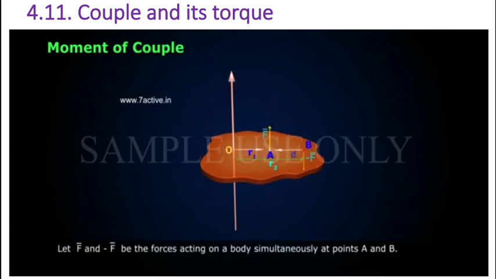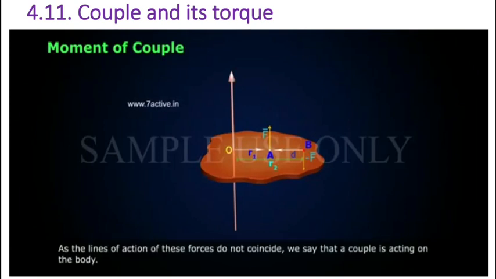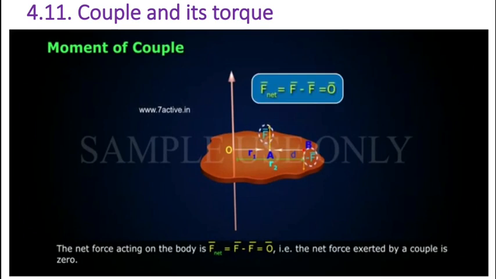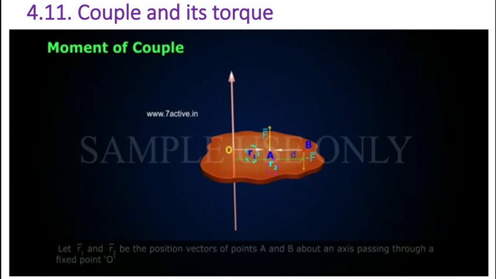Let F and minus F be the forces acting on a body simultaneously at points A and B. As the lines of action of these forces do not coincide, we say that a couple is acting on the body. The net force acting on the body is F net equals F minus F equals 0. That is, the net force exerted by a couple is 0.